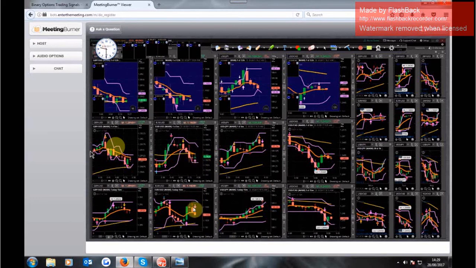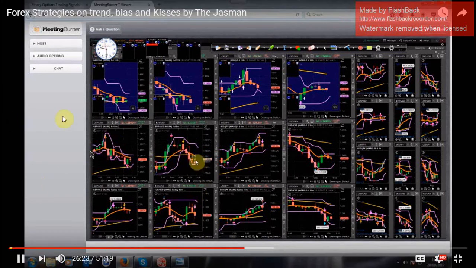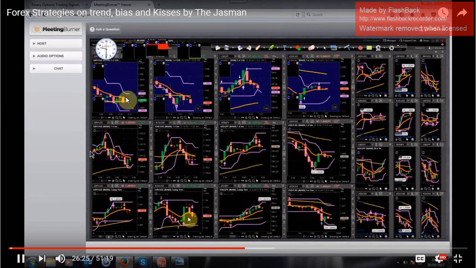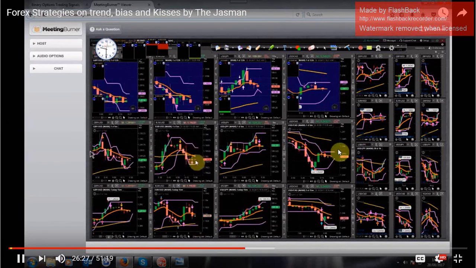I'm definitely expecting this GU to go to the upside. It's just being real slow, just panning out what it wants to do right now. The only pair that's really working for us is the UJ going to the downside, and the UC going to the upside right now.